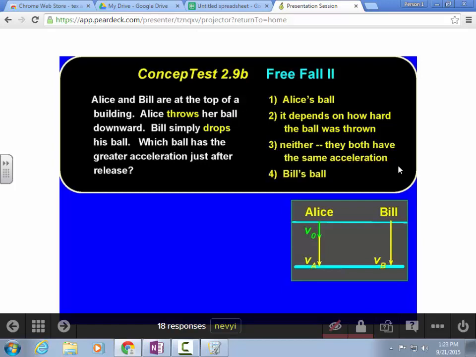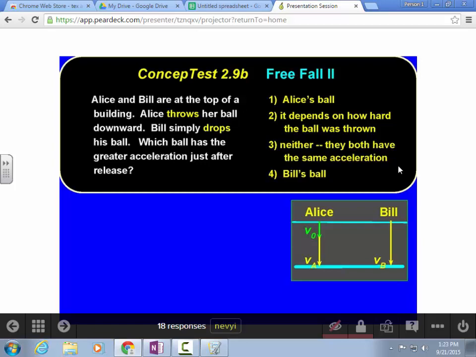All right. The answer is the acceleration is the same. That's right. Notice it's right after they release it. What this question is really designed to do is make sure you compartmentalize velocity and acceleration.